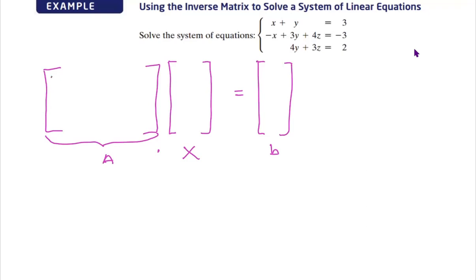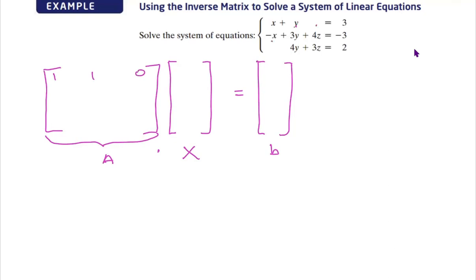So in this place, I'm going to put the coefficient of x, so that's 1 here. Coefficient of y next to it in the row, and then coefficient of z, in this case 0.